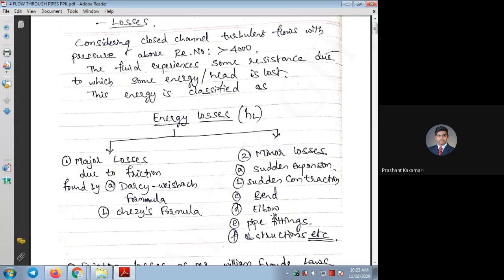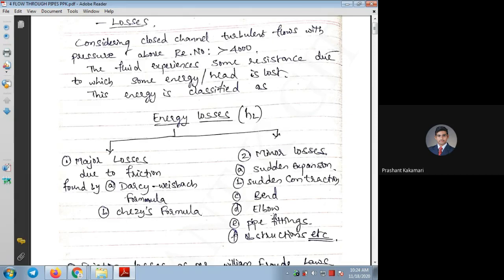If the friction loss is very small compared to the minor losses, because the pipe connections are very huge in a given length of pipe, then we neglect the major loss or friction loss. That's why in the minor loss experiment, we are not using the friction loss equation to find the friction loss due to the length of the pipe.